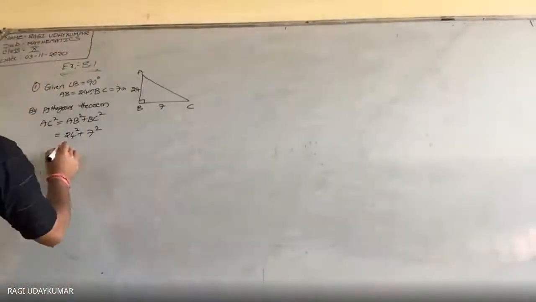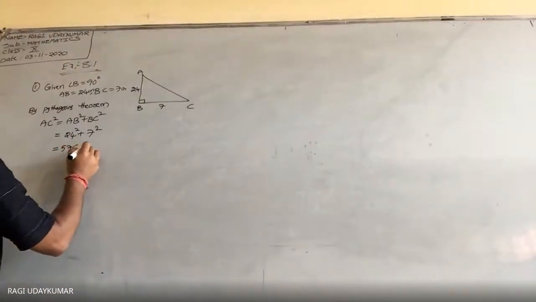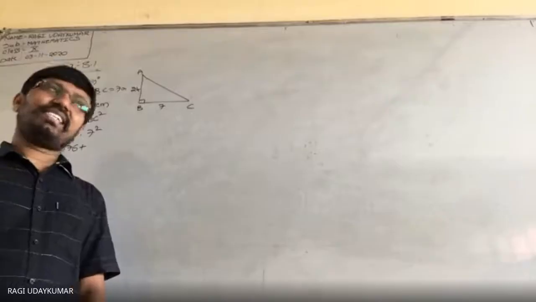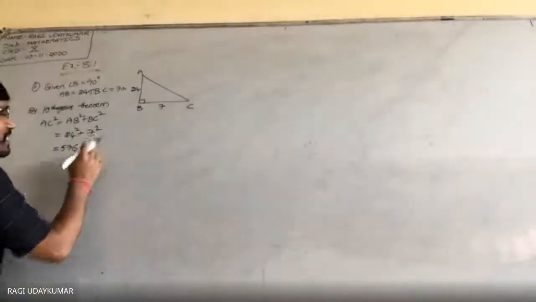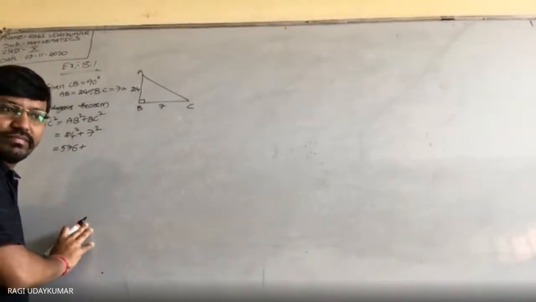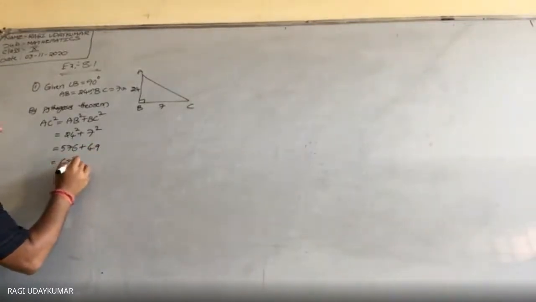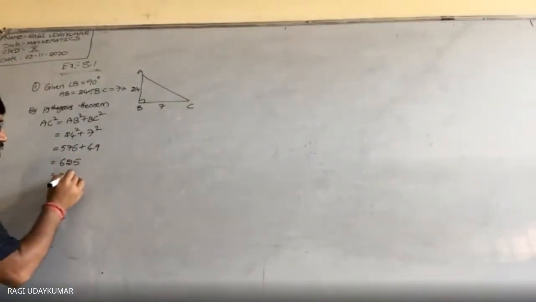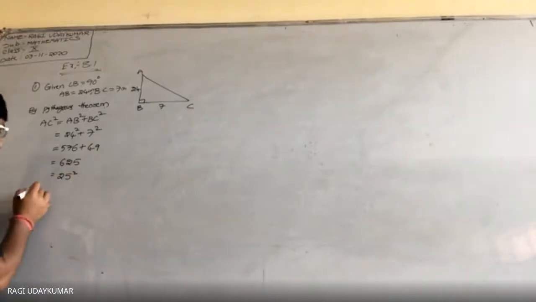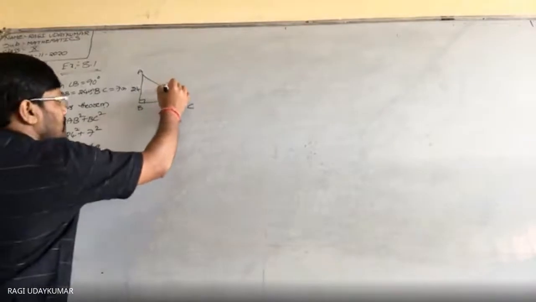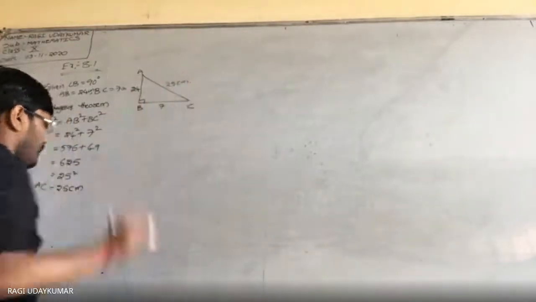Very good. 7 square? 49. If you add these two, you get 625. 625 is the square of 25, so AC is equal to 25 centimeters.